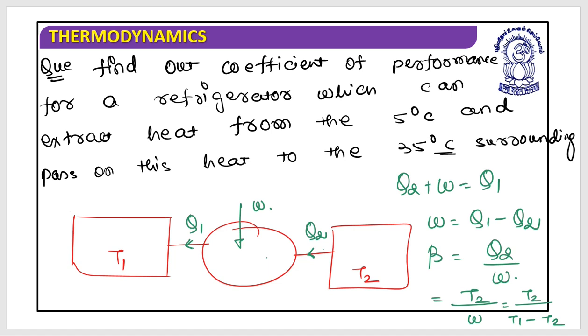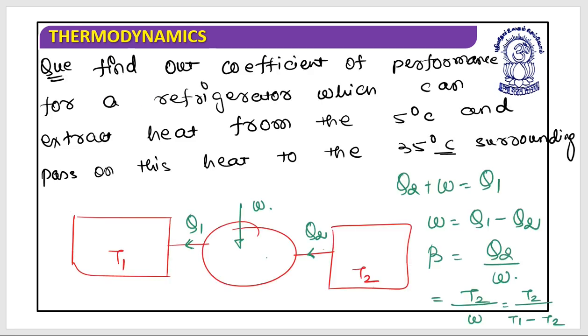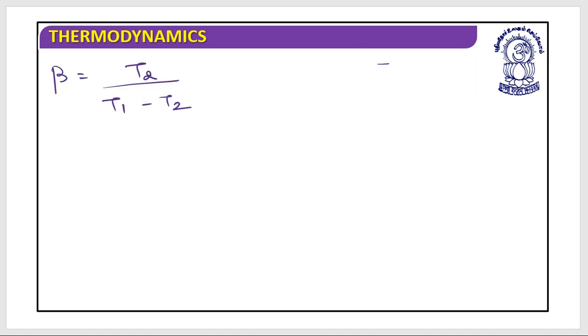So let's put up the values and get it done. Beta is equal to T2 divided by T1 minus T2. Now T2 is at a lower temperature and T1 is at a higher temperature. What I have been given is that T2 is 5 degrees Celsius. I need to convert this to Kelvin. How will I convert it?